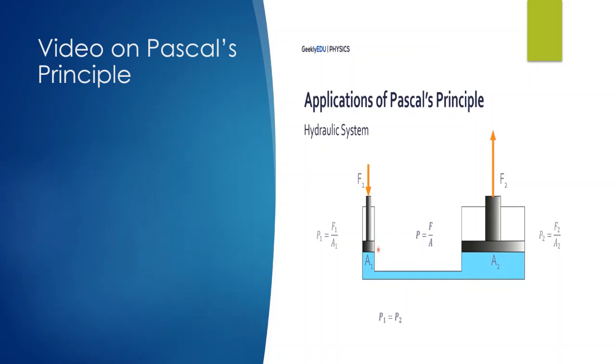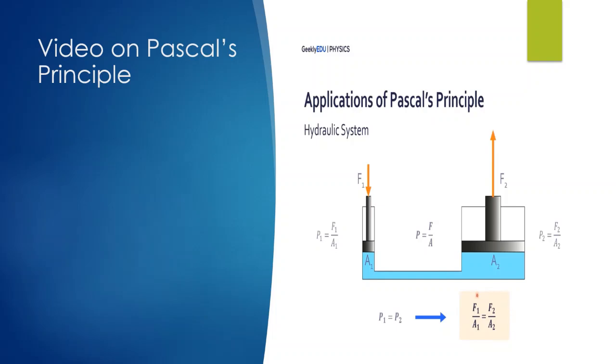So the relation we have is that the pressure at 1 is the same as the pressure at 2. So if we consider that this pressure is F over A, we have this relation here.